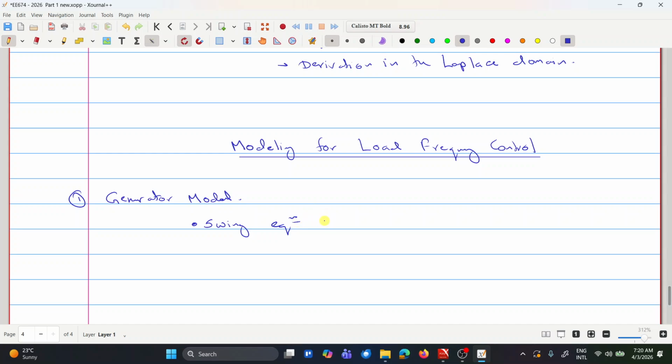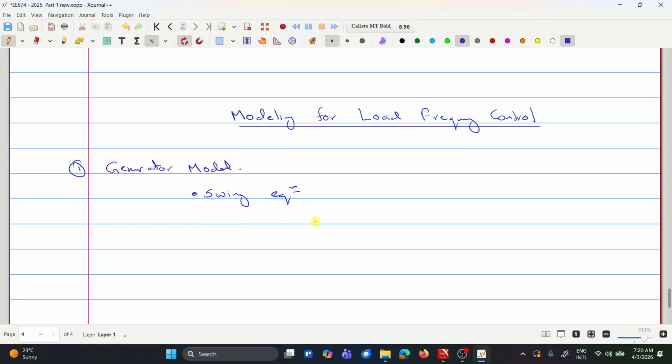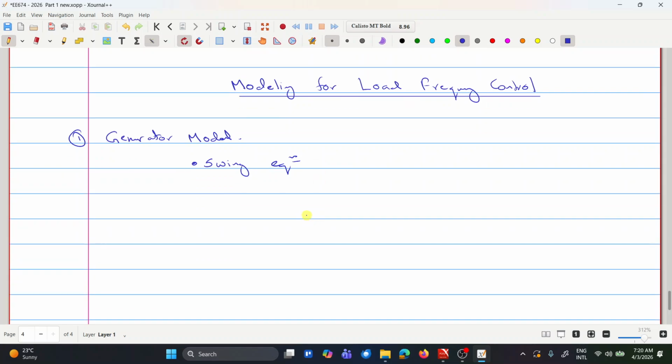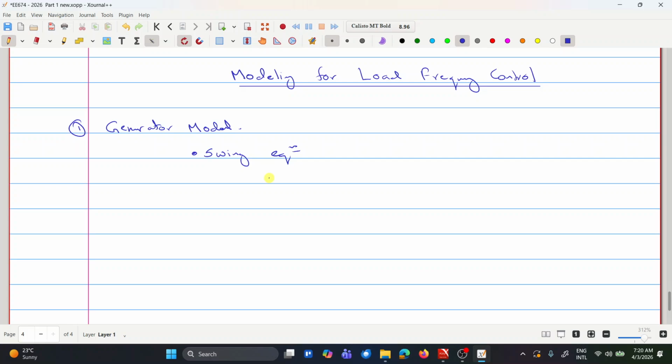We will use that as the basis of the load frequency control. So we had 2H over omega naught d squared delta over dt squared equals Tm minus Te.